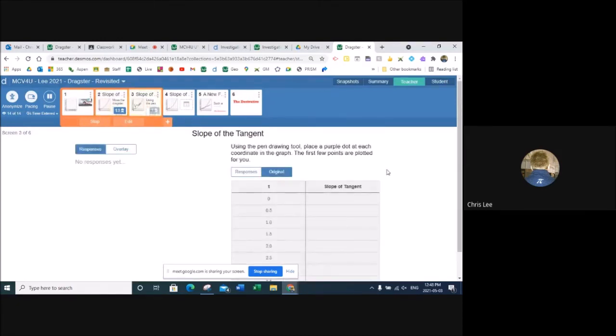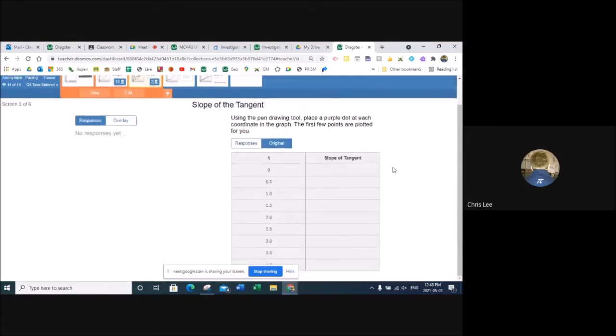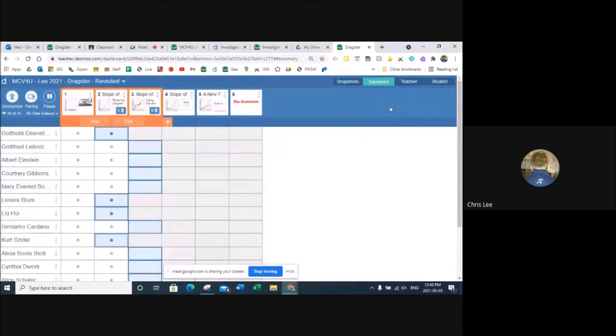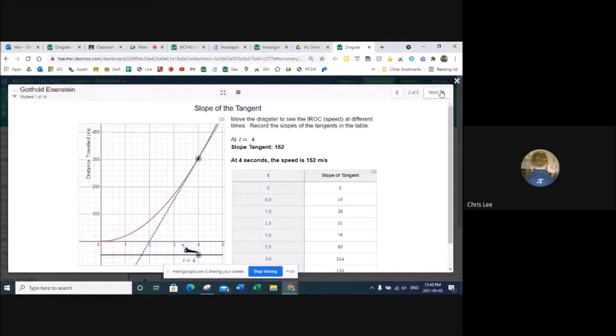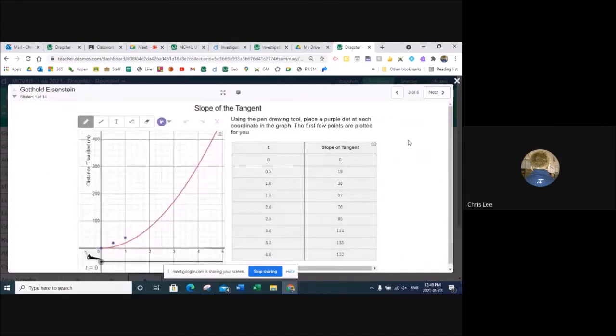So let's go to slide 3. And actually, let's just pause right here. If you could come back to the Google Meet, please. I just want to show what we're going to do here.